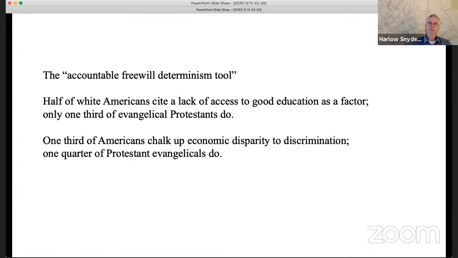They're still very much influenced by that tenor of American culture. So even in that larger group of white Americans generally, you still have the influence of American evangelical culture on the answers they give.